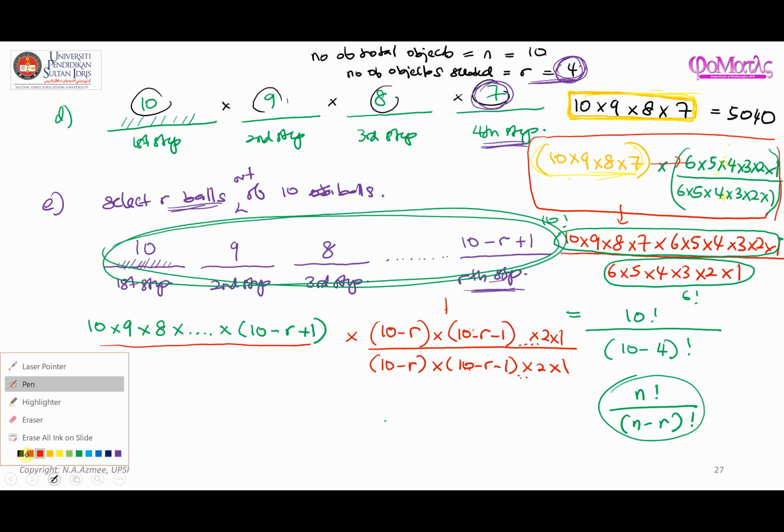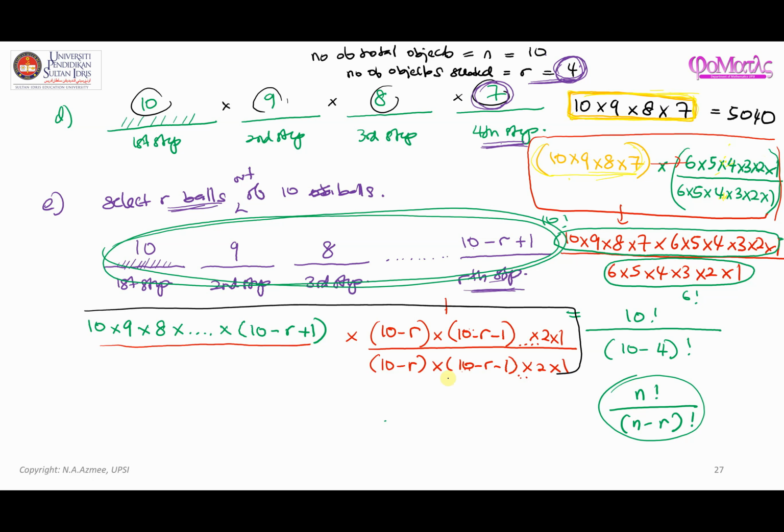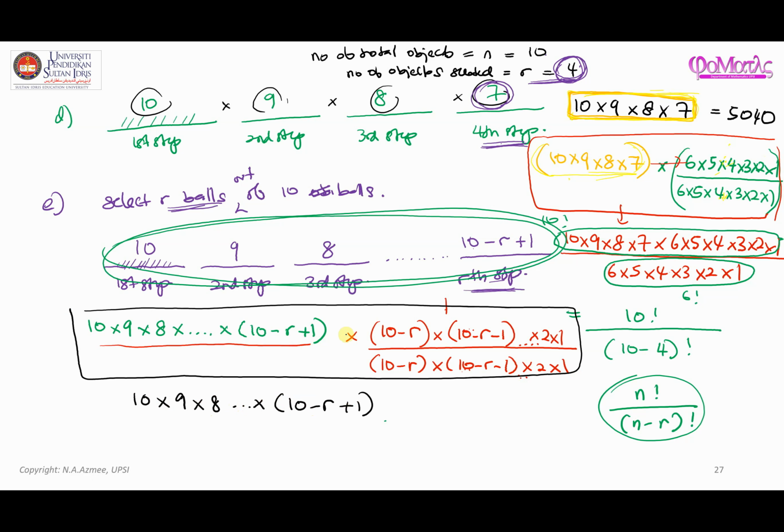Now we can write this whole thing in terms of 10 times 9 times 8, and then we have 10 minus r plus 1, and we're going to multiply that with this expression here. So we have 10 minus r, and then 10 minus r minus 1, and so on, until 2 until 1.